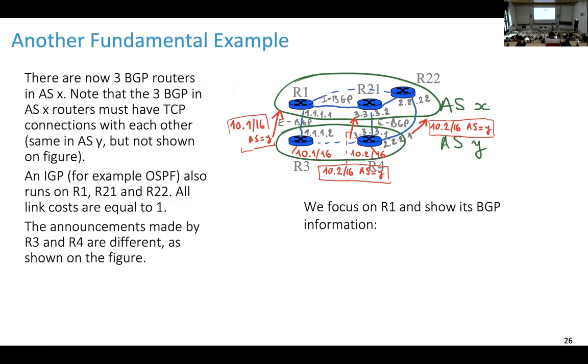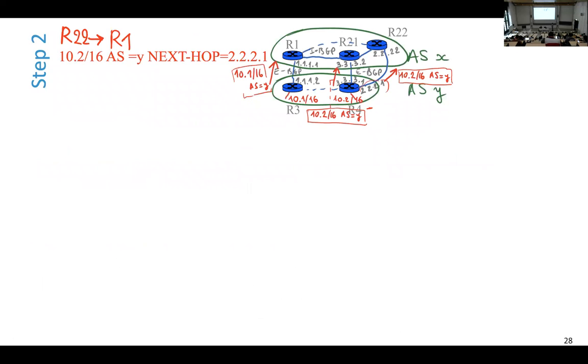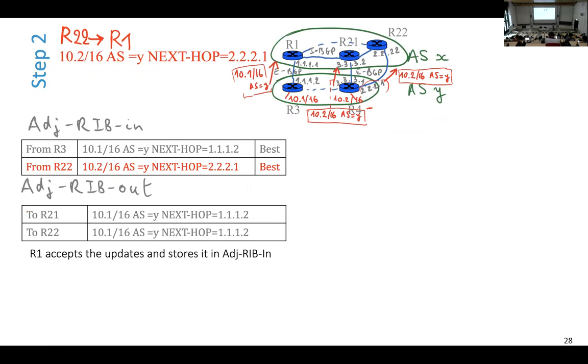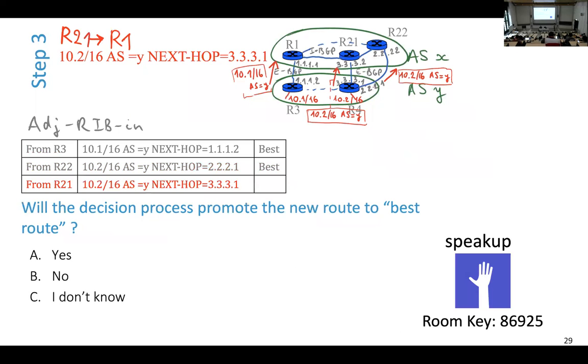And let me come back to the example. Okay, so the next hop in this route is 2221. The next hop in the second route is 3331. As I said, the IP addresses in the boundary are known internally.